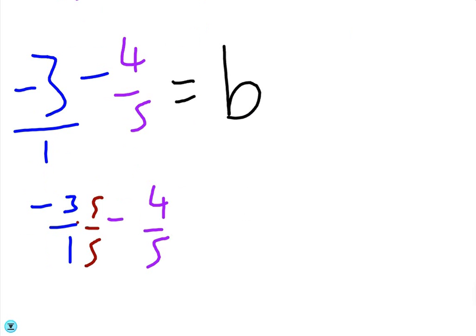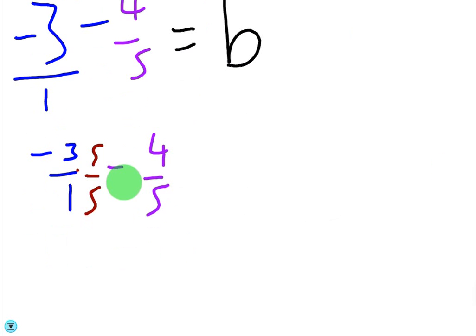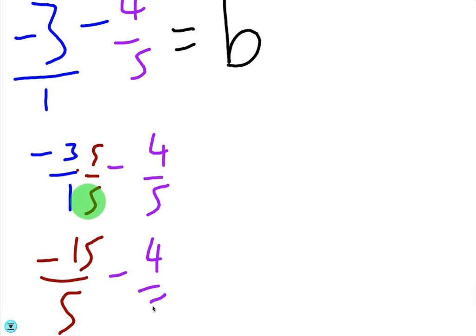That way, they have the same denominator, and then and only then can we combine the numerators. So first we got negative 3 times 5, which is negative 15. And on the bottom we just have 1 times 5, which is 5. So now we have negative 15 over 5 minus 4/5.